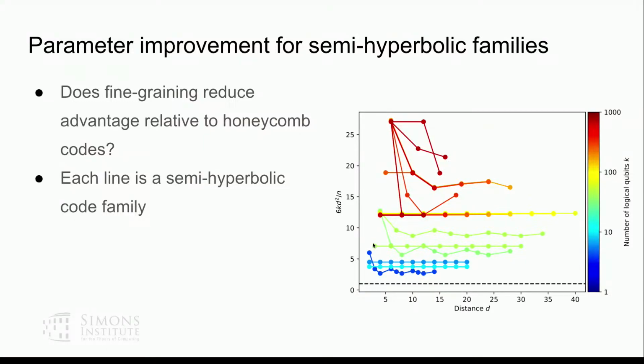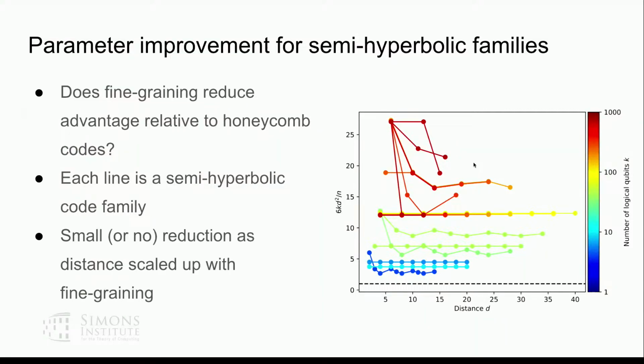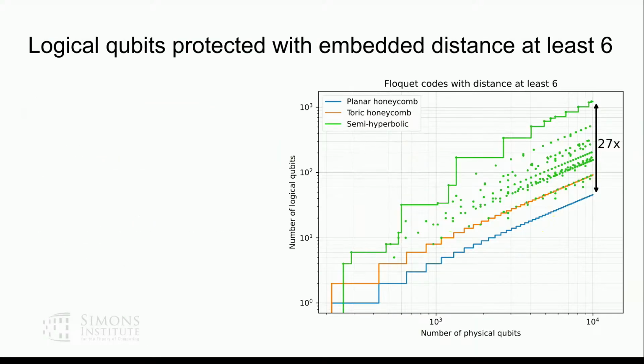So what we can see is as we increase the distance of these codes by fine graining, this improvement can drop, but sometimes not at all, and when it does, not by much. Essentially, we still retain a large advantage over honeycomb codes whilst increasing the distance to obtain low logical error rates. We've lost an asymptotic advantage, but we retain a big constant factor improvement.